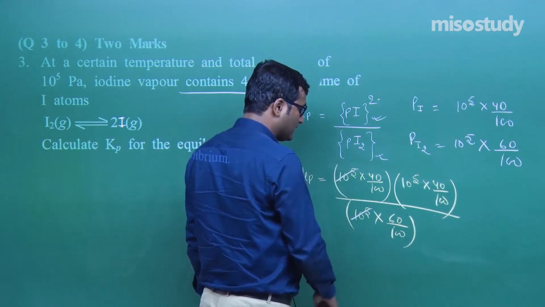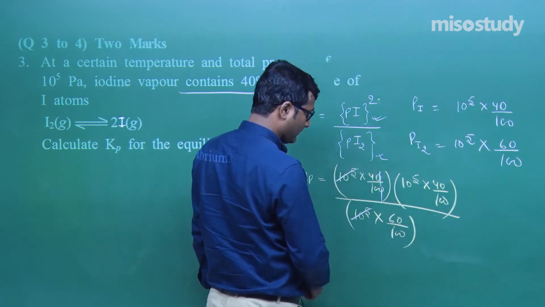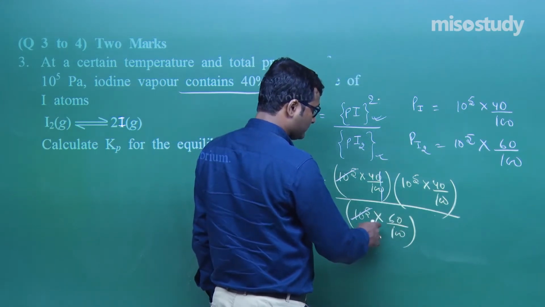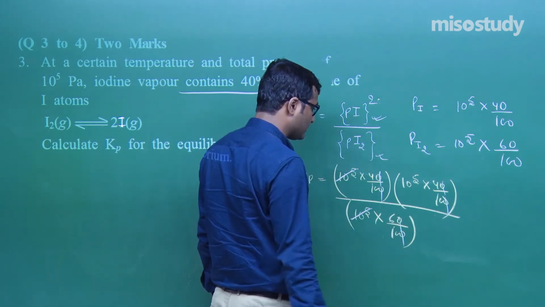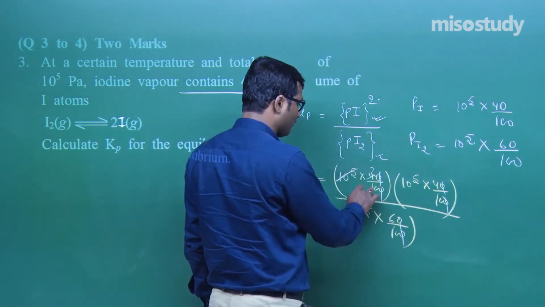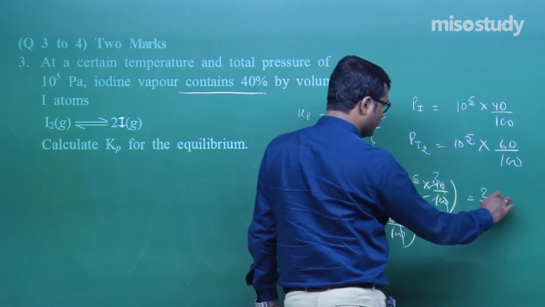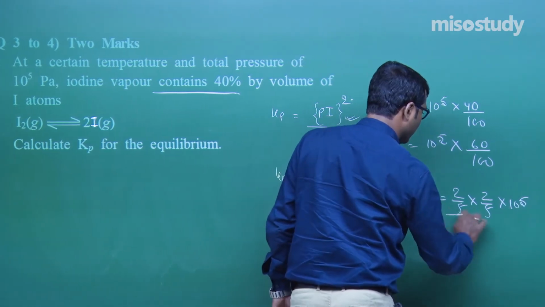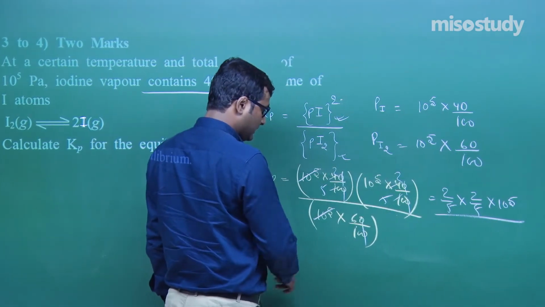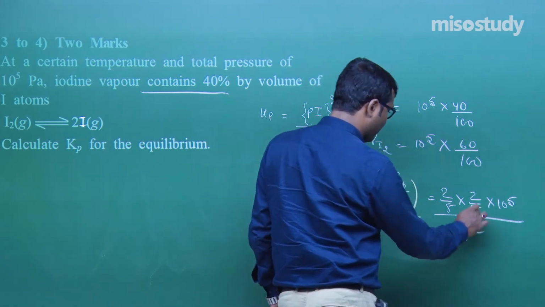The common terms cancel. We get 2 by 5 into 2 by 5 into 10 to the power 5, divided by 3 upon 5.